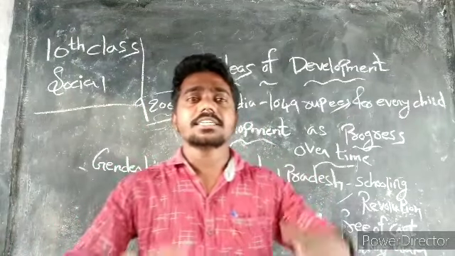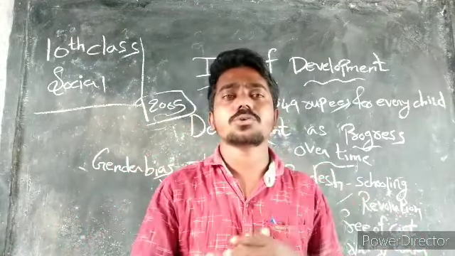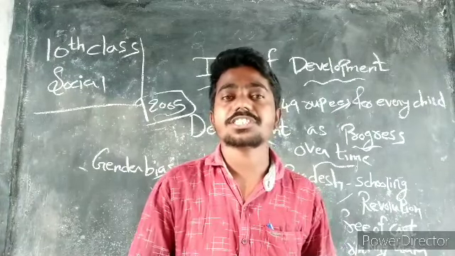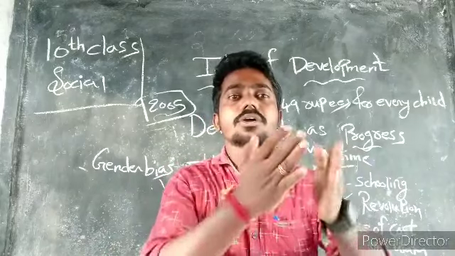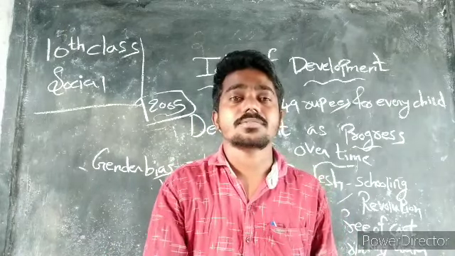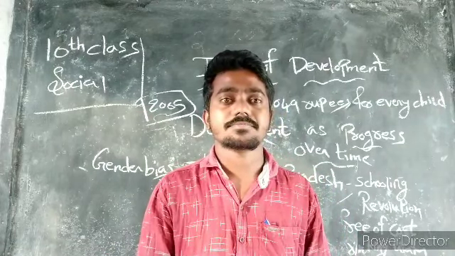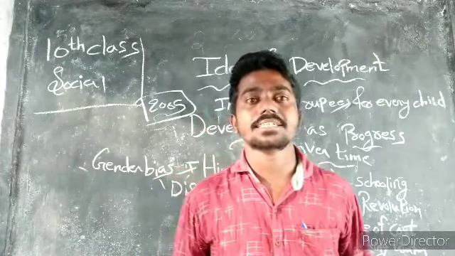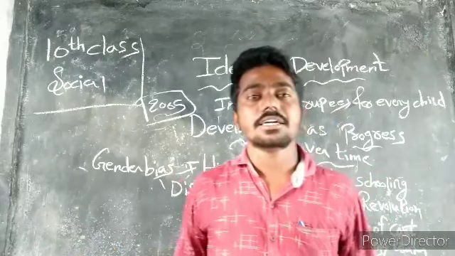As the years passed, they opened more and more schools and increased the number of teachers, and the children's attendance rate kept increasing. And in Himachal Pradesh there is low gender bias, meaning discrimination against girls.